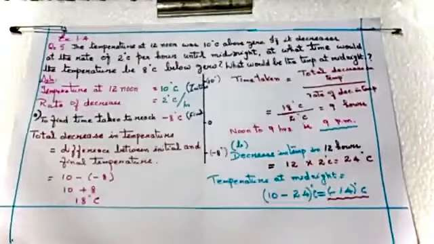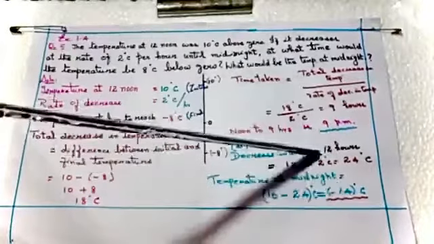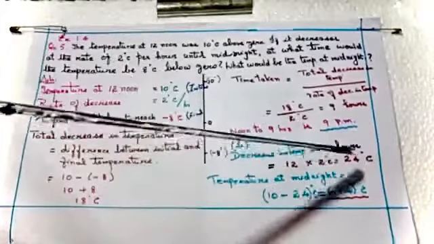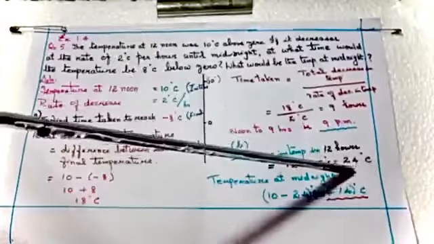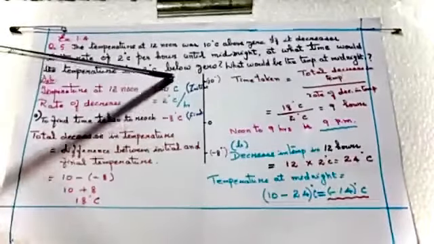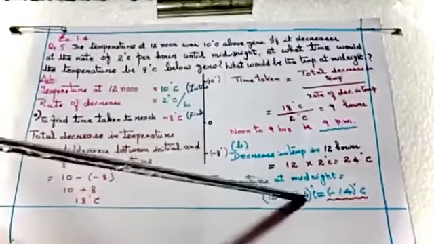Every hour it decreases by 2 degrees. So in 12 hours, how much will it decrease? 12 into 2 degrees, which gives you 24 degrees Celsius. So from 10 degrees, we have to reduce 24 degrees.